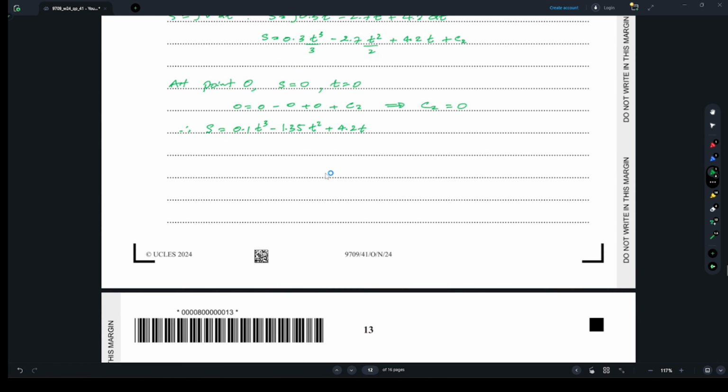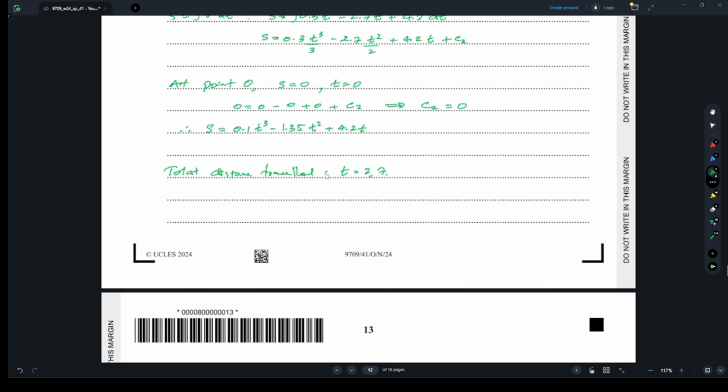Then I can find the total distance travelled. t equals 2 and 7. In between these two times it moved, right?